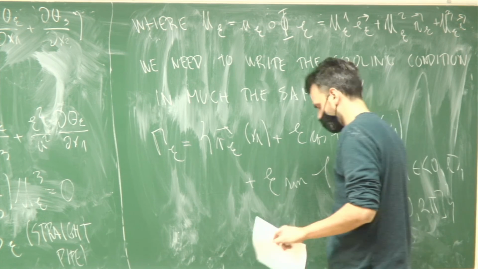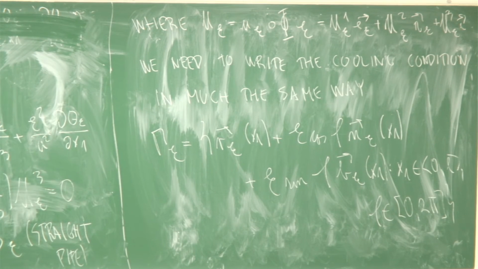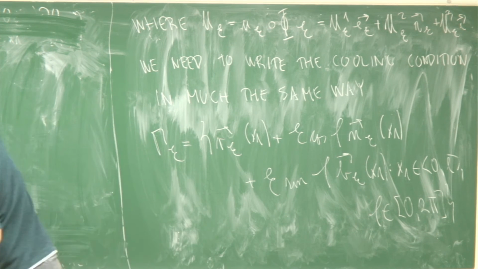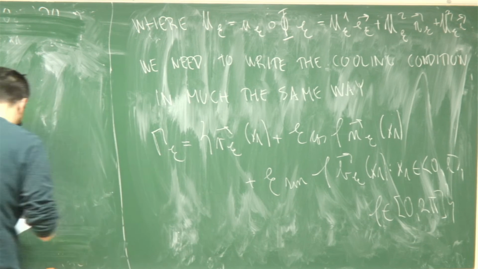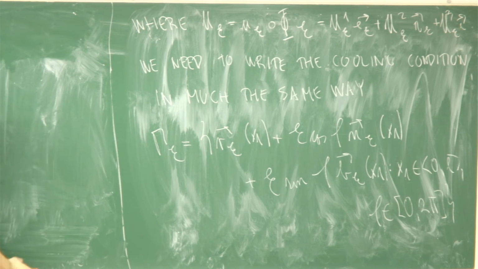Okay, so to write down the cooling condition, you need to introduce the basis for the tangential space. So we write down the following.